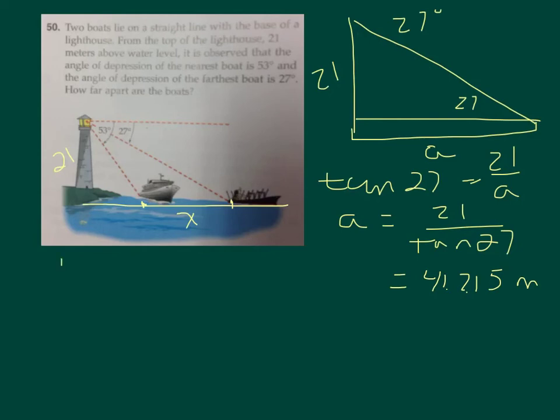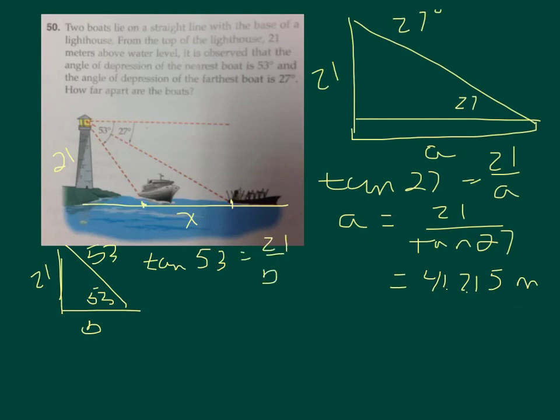If I solve the other triangle, it goes like such. This is 53 degrees, this is 21, and we can find this value B. If that's 53, so is this. So the tangent of 53 is equal to 21 over B. Or B is equal to 21 over the tangent of 53.